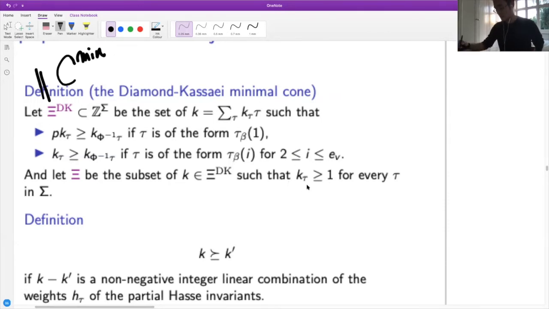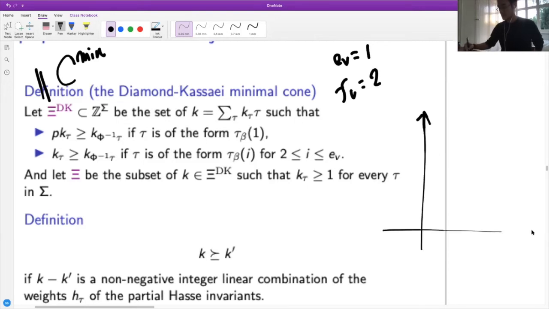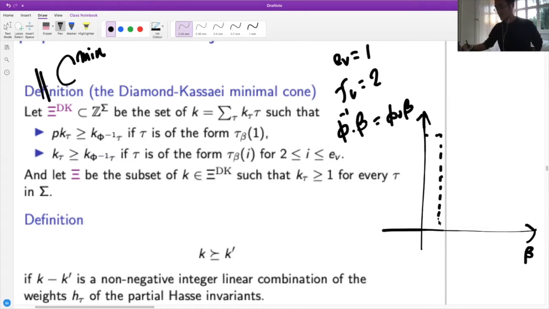So as I promised, I'm going to give you a picture. When e_B is 1 and f_B is 2, I'm going to have this be beta, and this will be phi of beta or phi inverse of beta. So this is 1 and P, and I'm going to have a line going here, a line going there.